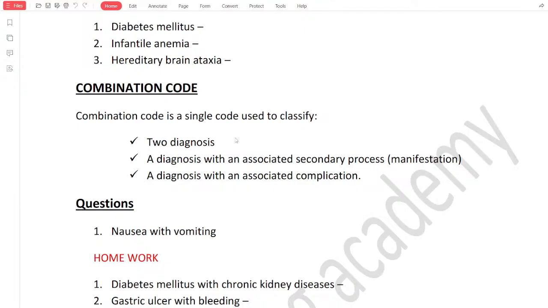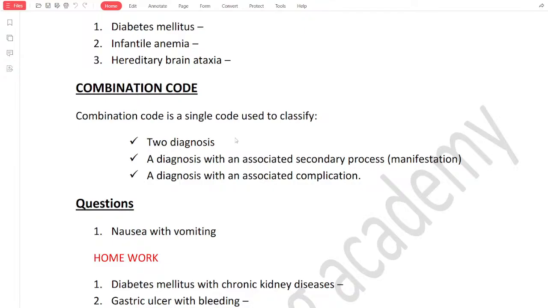Okay. Next is combination code. What is a combination code? It's a single code used to classify two codes combined together. It is called a combination code. So a diagnosis with an associated secondary process manifestation, a diagnosis with an associated complication.